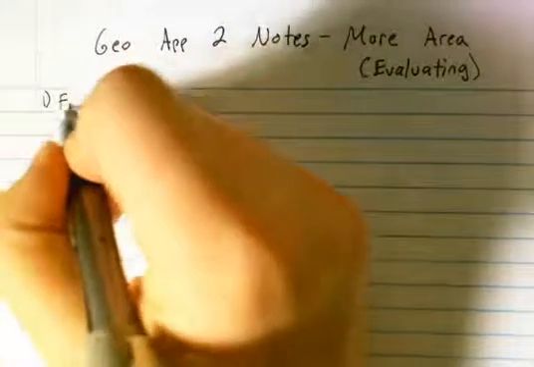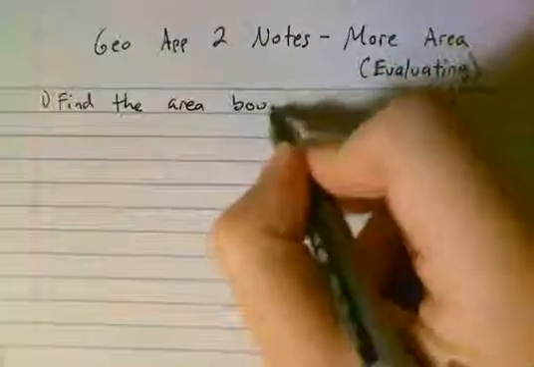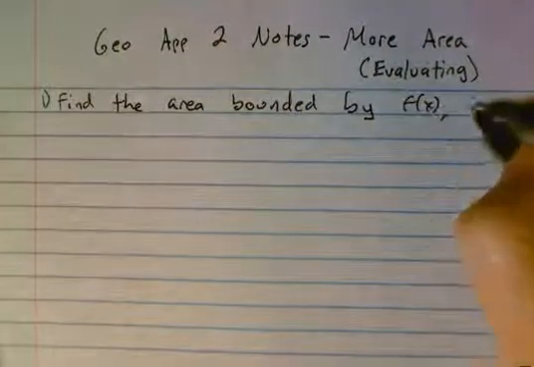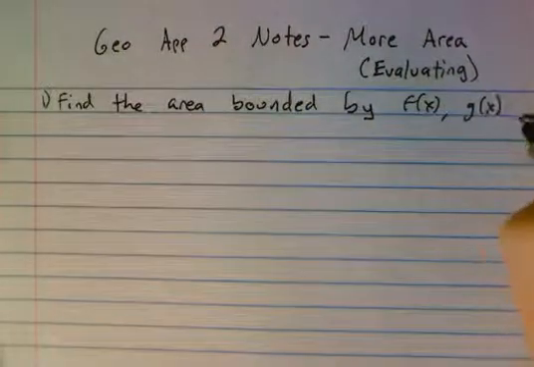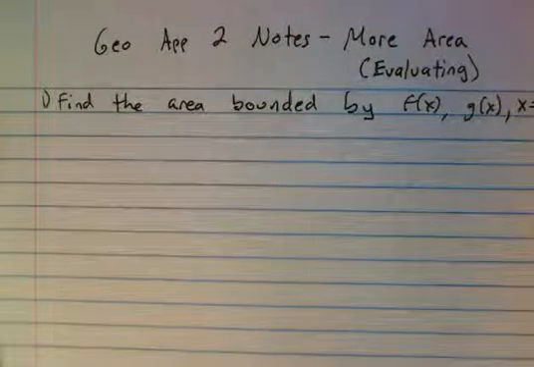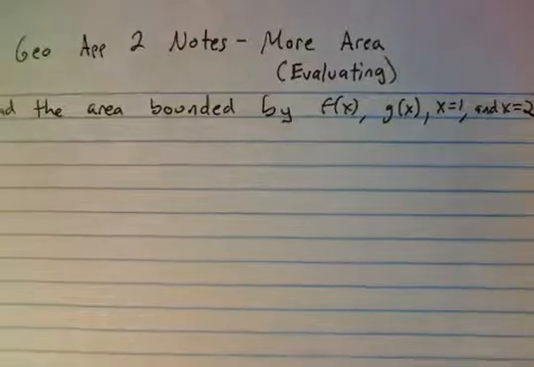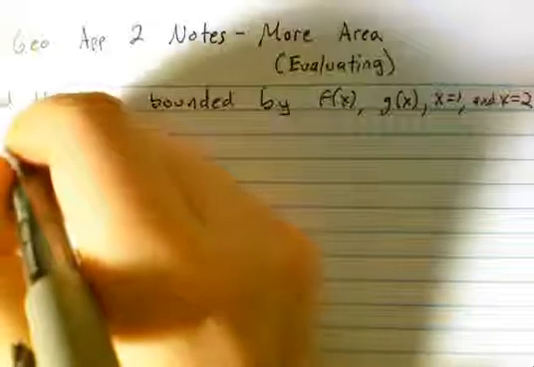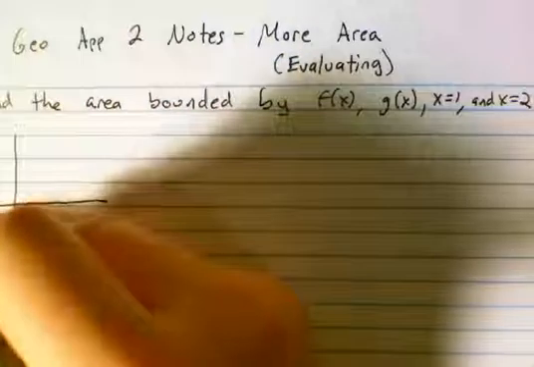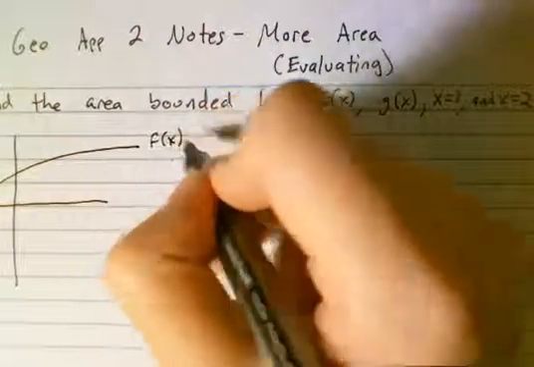We are going to find the area bounded by f of x, g of x equals 1, and x equals 2. Oops, x equals 2. There we go. And let's say that we're given those. So here is f of x.